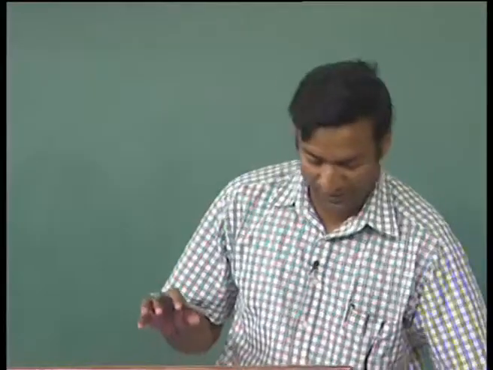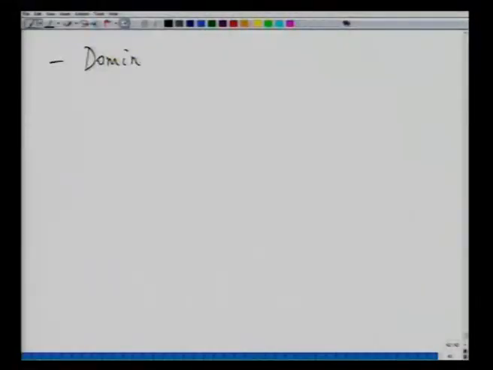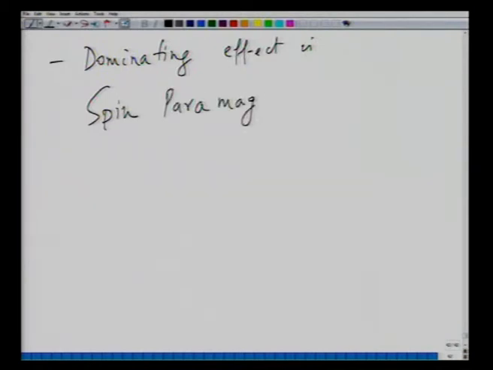They cannot reorient themselves along with the field. As a result, they are supposed to be frozen. So spin paramagnetism is the dominating factor, and it is found in materials which have unfilled d shells.